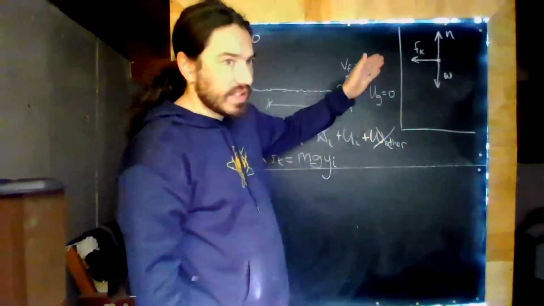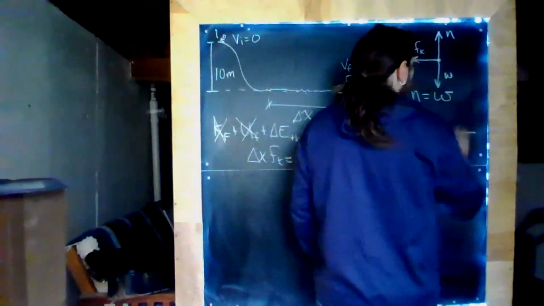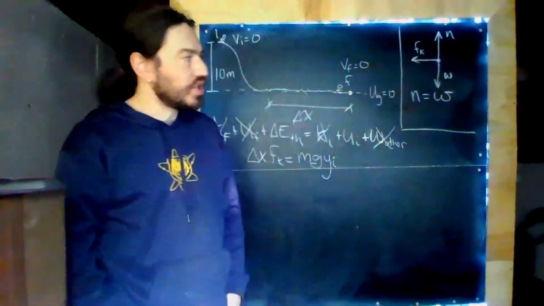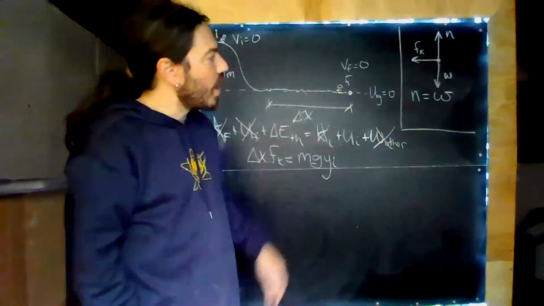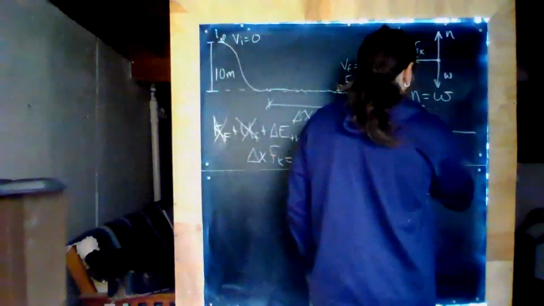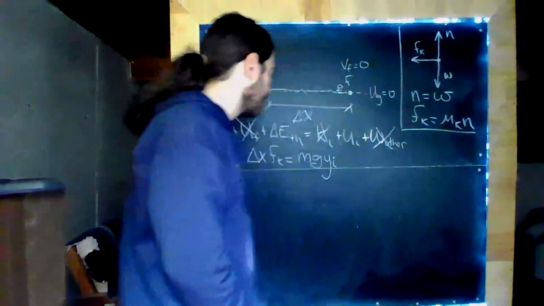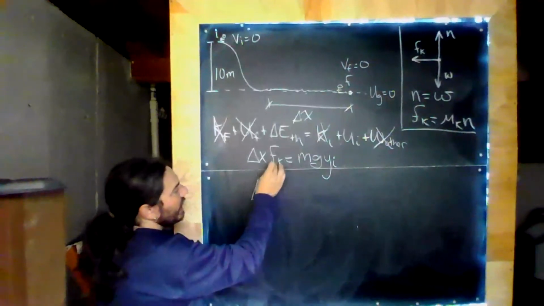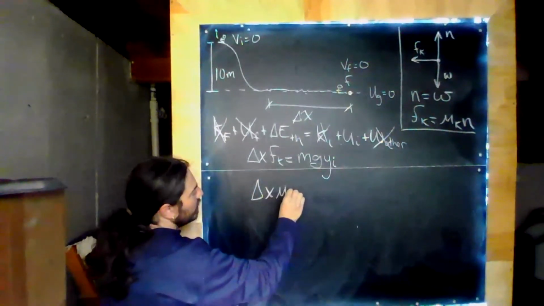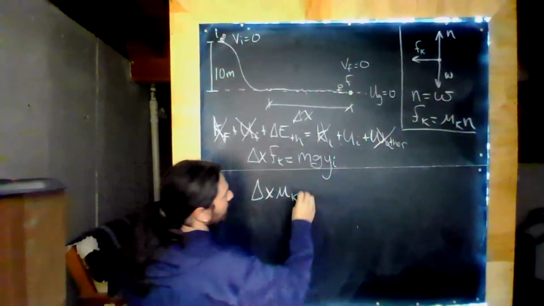From this, we can conclude that the normal force equals the weight, because the net force in the y direction is 0. We know that F sub k equals mu sub k times the normal force. And so that allows us to write delta x times F sub k, plugging in mu sub k times the normal force, but the normal force is the weight.